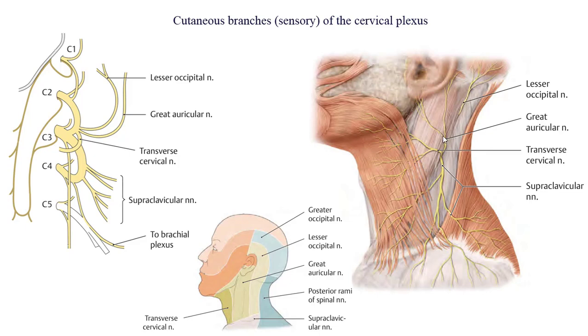Here, the great auricular nerve divides to innervate the skin over the parotid gland, the posterior aspect of the auricle, and the mastoid area. It's also important to mention that sensory branches of the cervical plexus merge at the dorsal edge of the muscle at Erb's point or punctum nervosum. It can be used as a puncture area for local anesthesia.